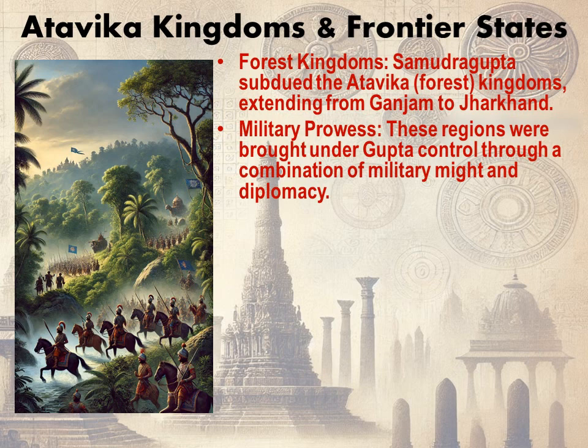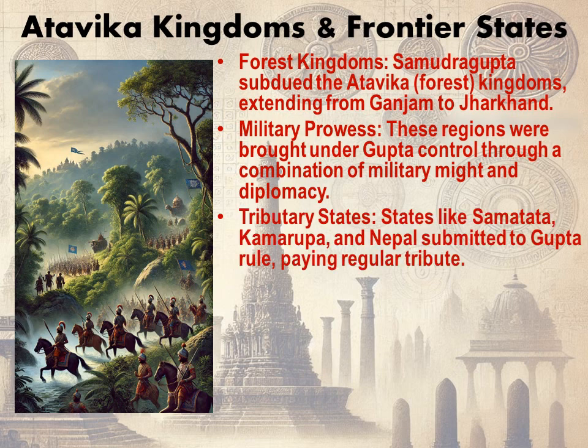So it is not that in every part of his military campaign there were fights, but sometimes there was also evidence of diplomacy. So all these kingdoms were brought under Gupta control either through military might or through the help of negotiations and diplomacy. States like Samatat, Kamrup, and Nepal submitted to Gupta rule, paying regular tribute.